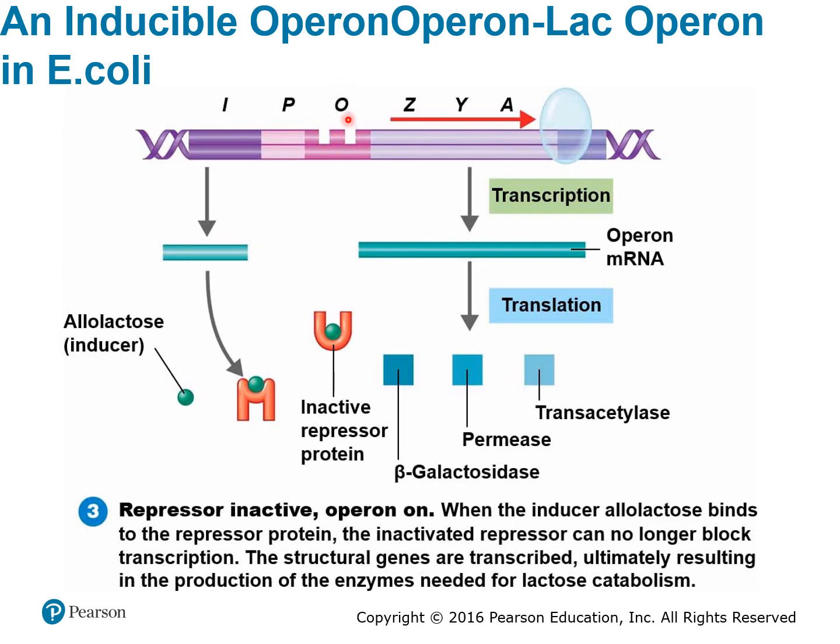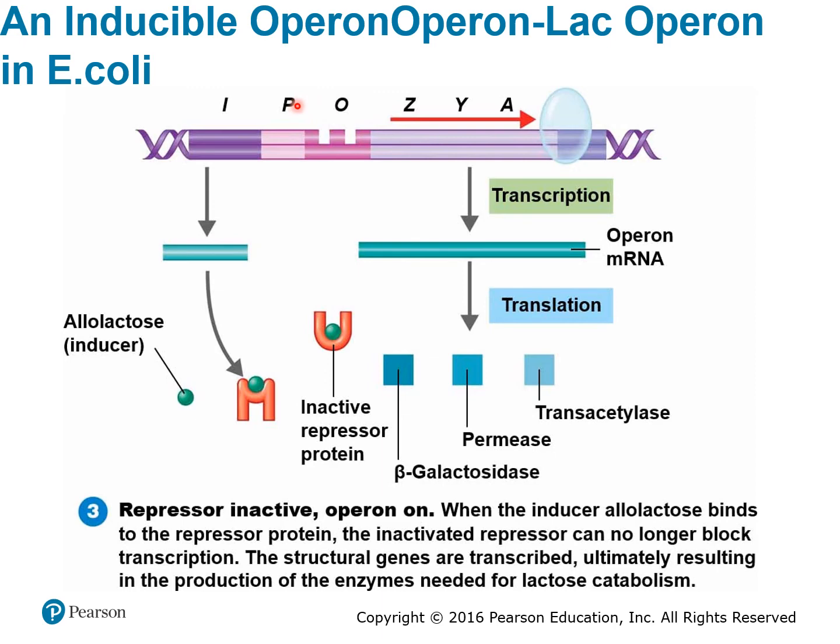The operator is now free, and so the RNA polymerase is going to be able to bind to the promoter, and it's going to be able to glide freely along the DNA sequence, and nothing is going to be blocking it. So notice how, again, nothing is going to be attached right here to the operator.